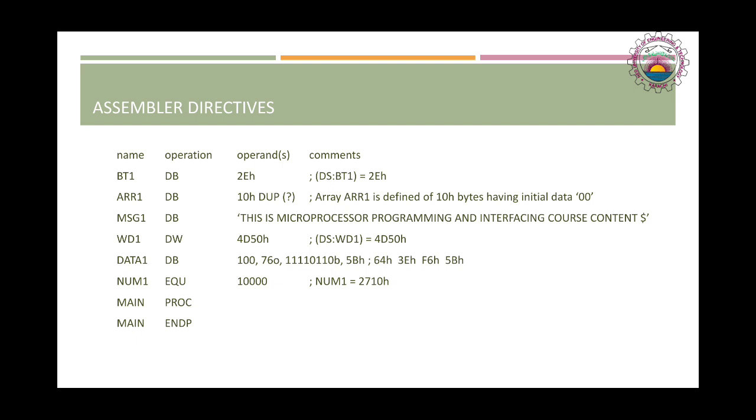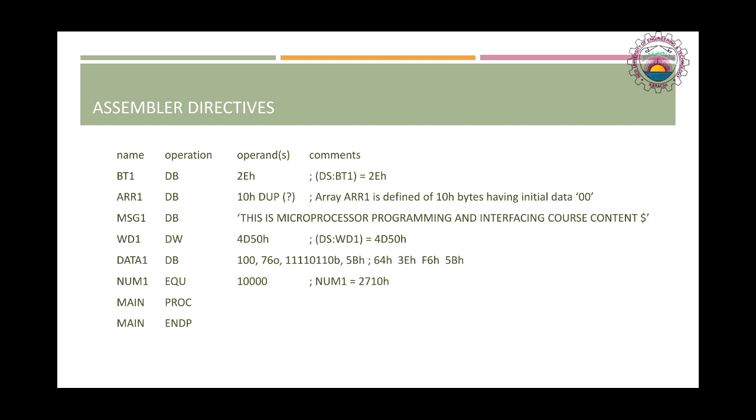Now another statement, data1 DB 100, 76O, 11111010B binary, 5VH hex. So you have stored 4 bytes in memory by using the DB directive. 100 decimal is 64 hex, so the first byte is 64.